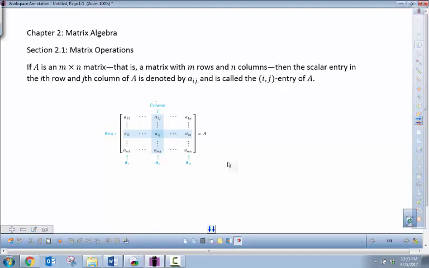And then the ith row and the jth column would be something that we can identify. And we would call that A sub ij. And whenever we denote something like that, the subscripts would be the index in the row first and the column second.